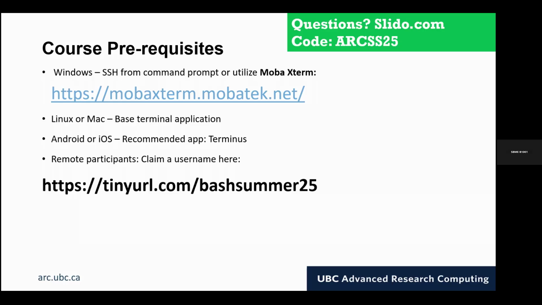Another option that's available is to use the client MobaXterm, and I will be presenting from using Windows with the SSH client. If you are on a Linux or Mac machine, your base terminal application within your operating system should also be able to use SSH.